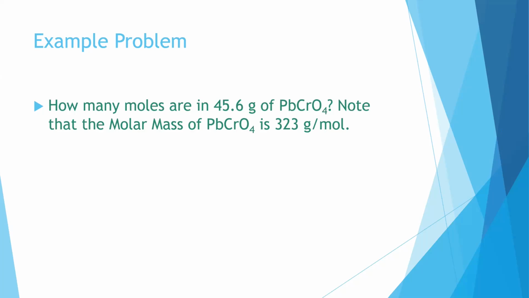I do agree, this one might be a little easier because I gave the molar mass. But I'll give you a few more seconds to see if you can solve it.